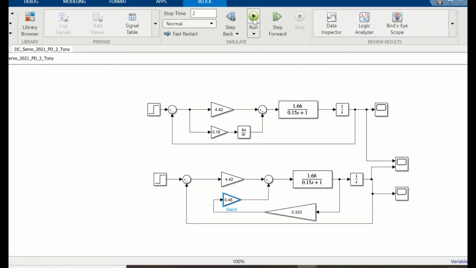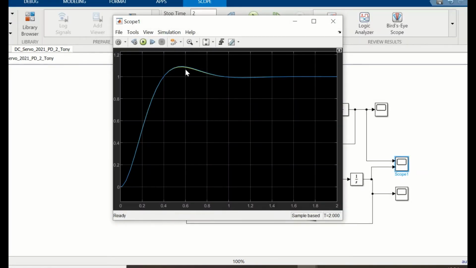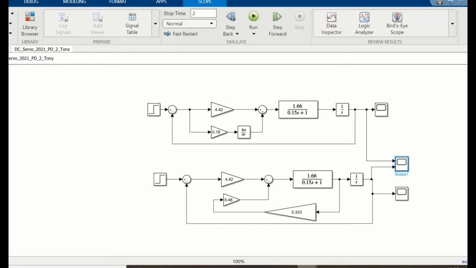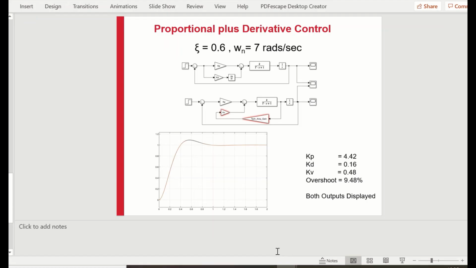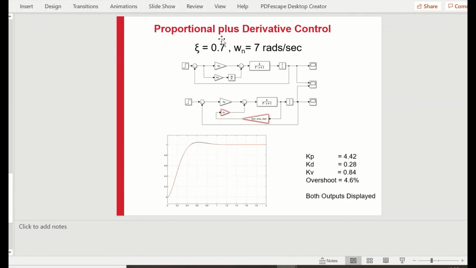And if we run this now and look at both, again, you can see it's a little bit different there, but it's so small you can hardly see. It's the thickness of a line, isn't it? Almost identical response, and this time we've got the 9.4% overshoot because it's a damping ratio of 0.6. Move on to damping ratio of 0.7 now.